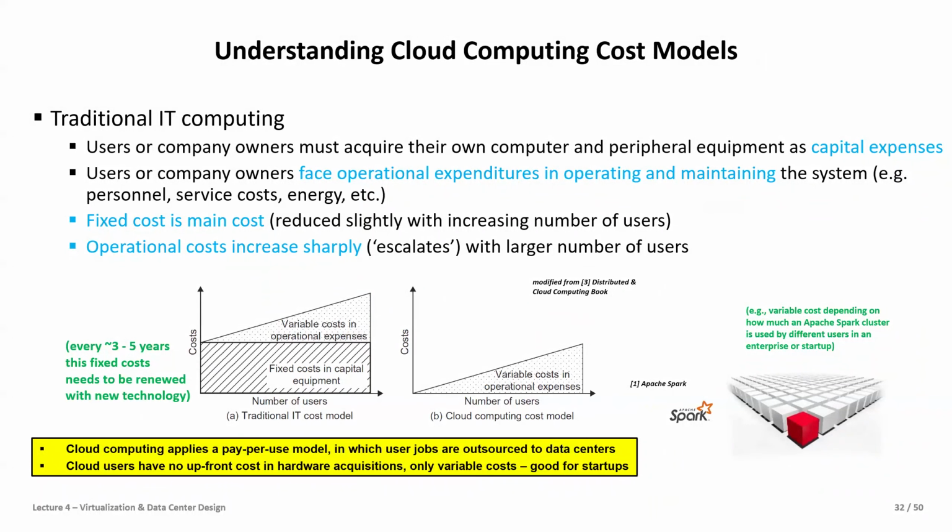And this is something we should review a little bit. It's shown in this slide here, where you see the fixed costs in the capital equipment that you have to buy, right? And in high performance computing and cloud computing, this every 3 to 5 years, where you have to rebuy or update your cluster, is maybe not completely accurate anymore.